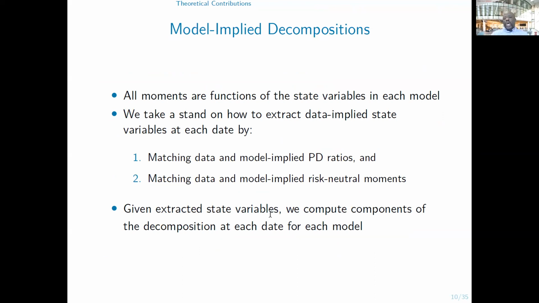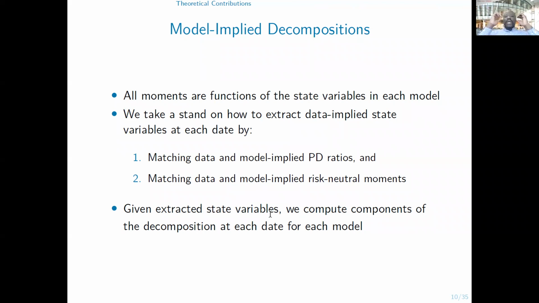So now, this slide is related to the question that I think Sion asked. In the next few minutes, I will try to answer your question in detail. How do we estimate this decomposition in representative agent models? We know that if you look at rare disaster models, long-run risk models, habit formation models, in all these models they have state variables, okay?